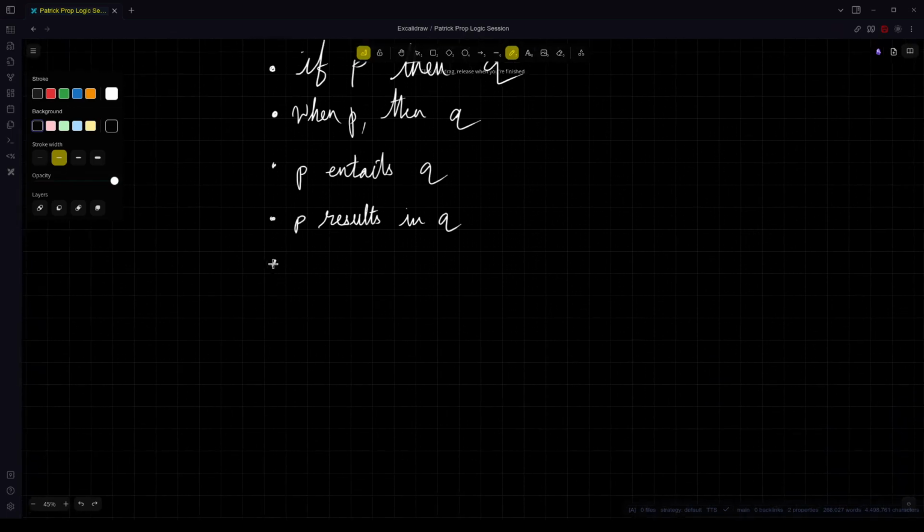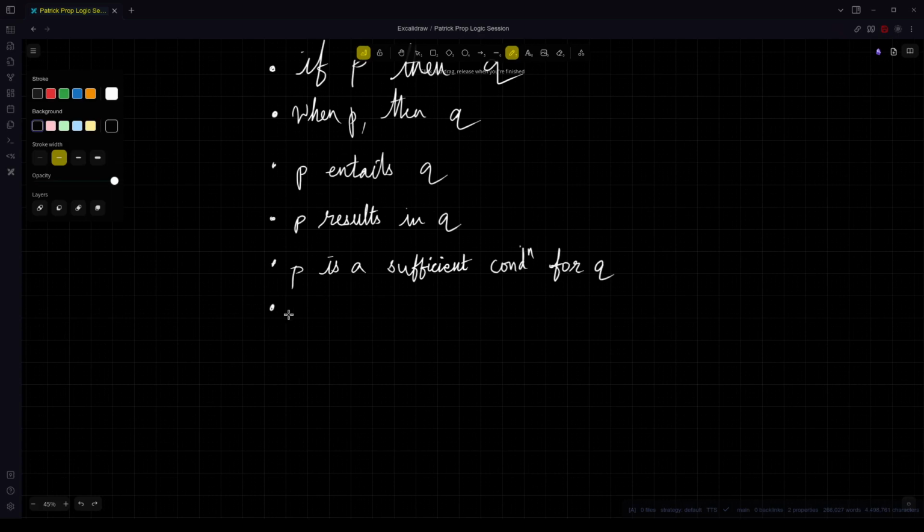You could also have, okay, I'll cover something which you might not guess, but that is important to understand the material conditional even more. P is a sufficient condition for Q. Okay.